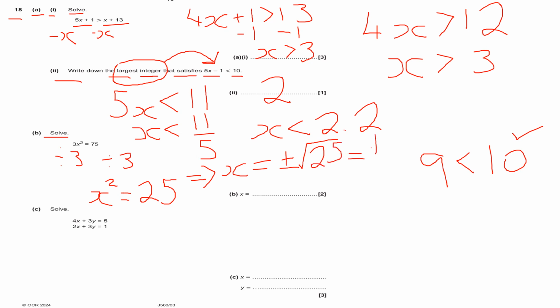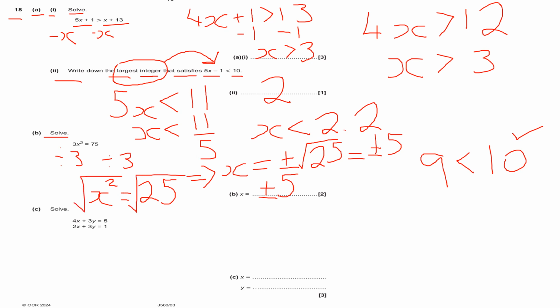So plus or minus 5, because a quadratic has 2 distinct real solutions in general at GCSE level. If it's x squared equals a number, then x equals plus or minus the square root of that number. So divide by 3, and then square root both sides.